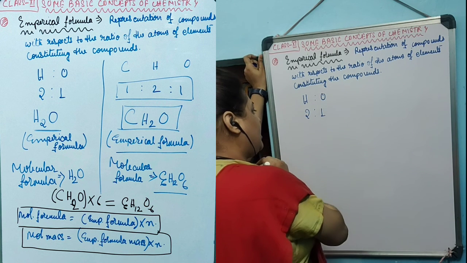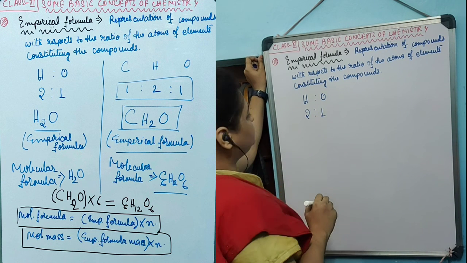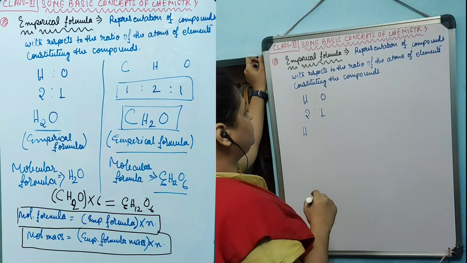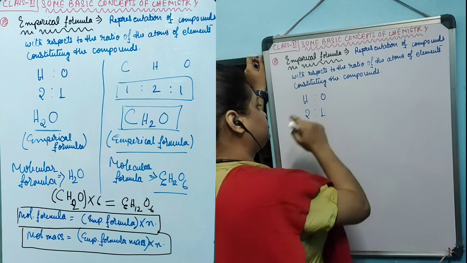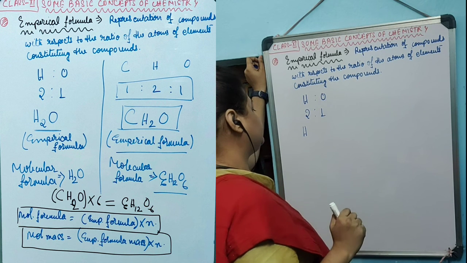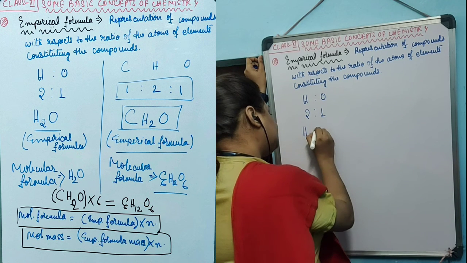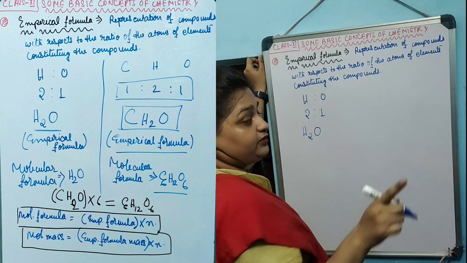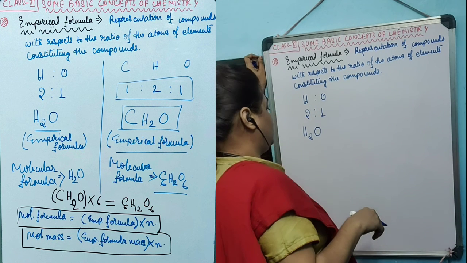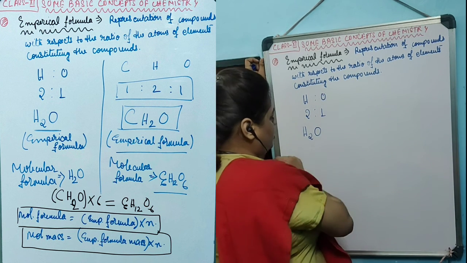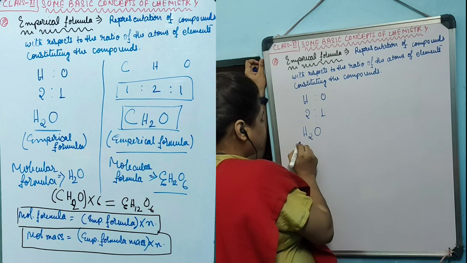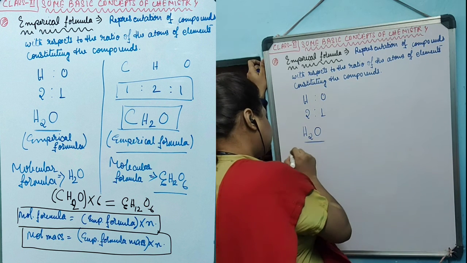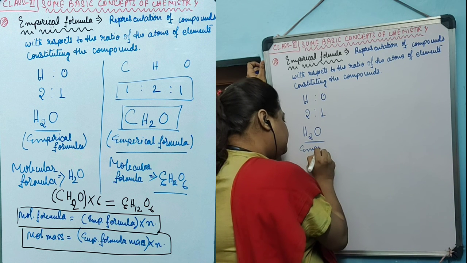Now, if I represent this compound, formed by two hydrogen atoms with one oxygen atom, you will represent that as H2O. This is the chemical formula of water, represented in the ratio of its constituent atoms. This is known as the empirical formula.